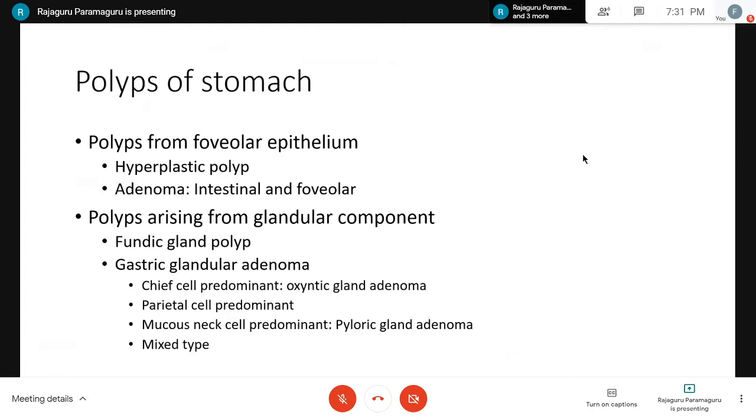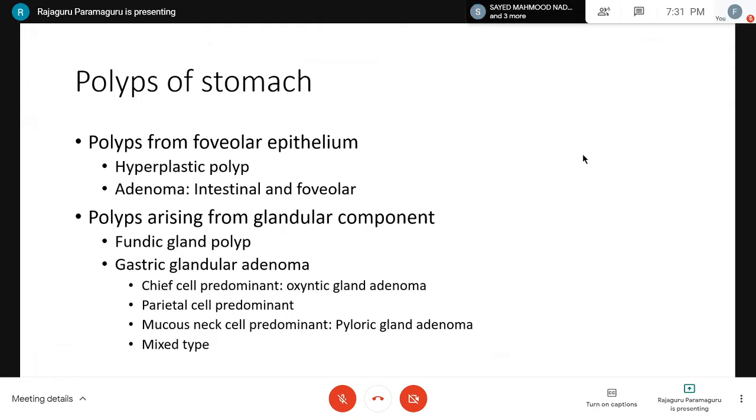In the stomach, the polyps are basically divided into those arising from the foveolar epithelium and those arising from the glandular component. The foveolar epithelium polyps can be of the hyperplastic or inflammatory type, and the adenomatous type. The adenomatous type might be intestinal or foveolar.